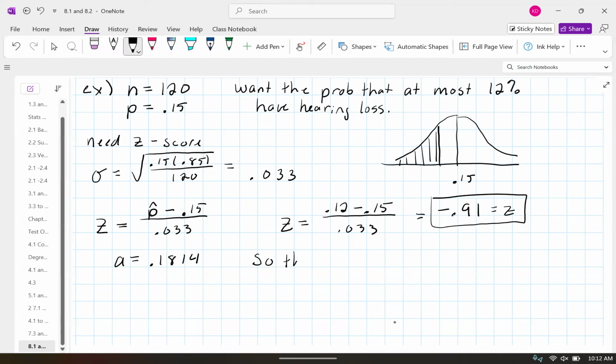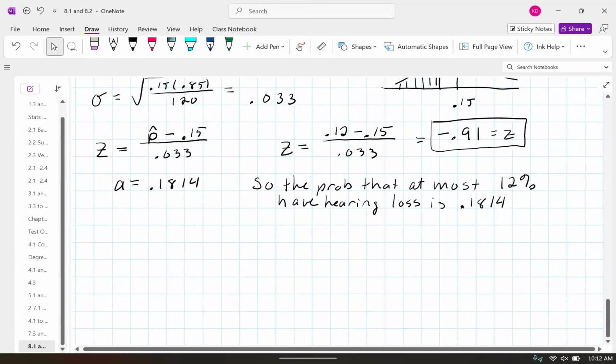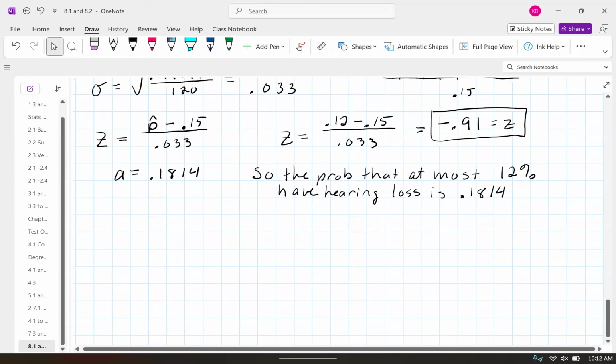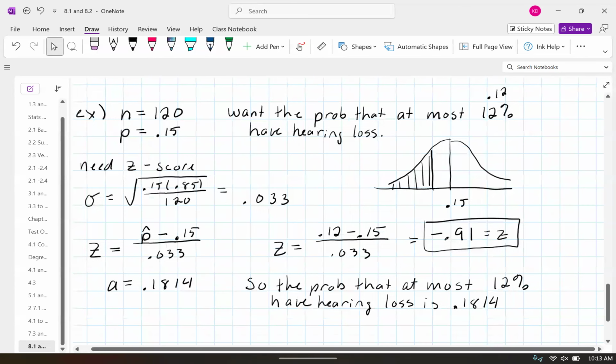So the probability that at most 12% have hearing loss is 0.1814. So there's this part of the problem.